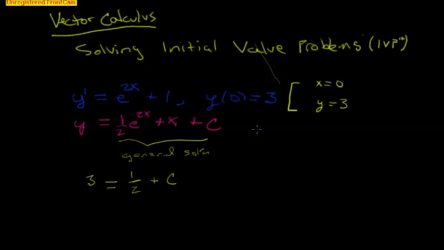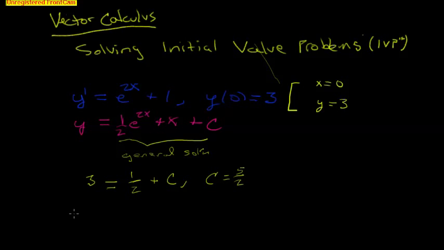A common mistake is to assume that the constant c is the value of your initial condition. And that could happen. We'll see examples, and it often happens in applications. So sometimes folks rush to conclude that c is the value 3. But in this case, we can see that it's not, because by plugging in x equals 0 and then solving for c, we see that c is 5/2.